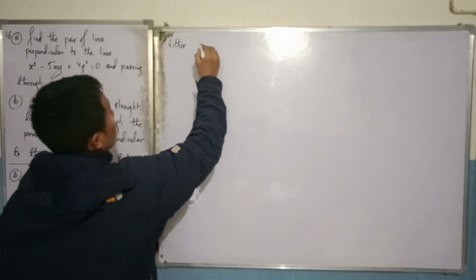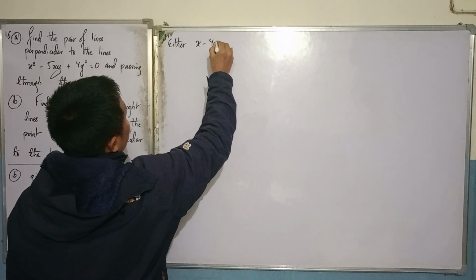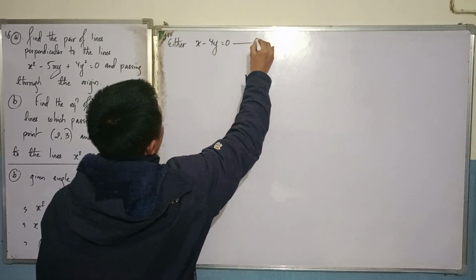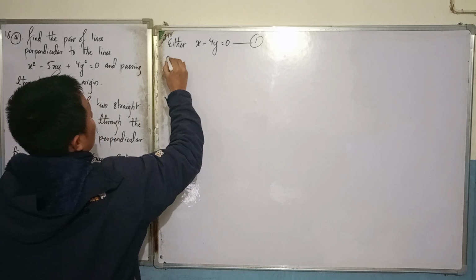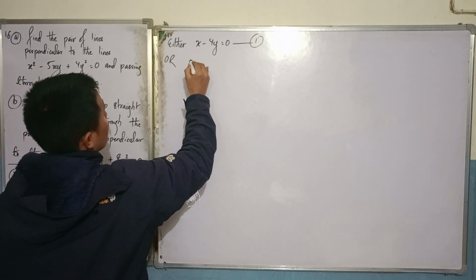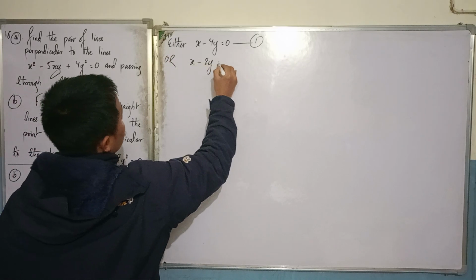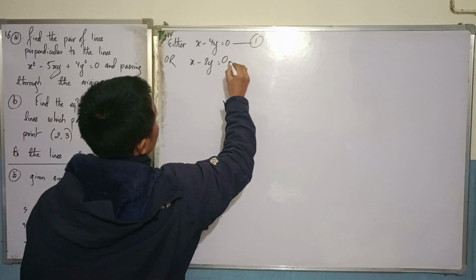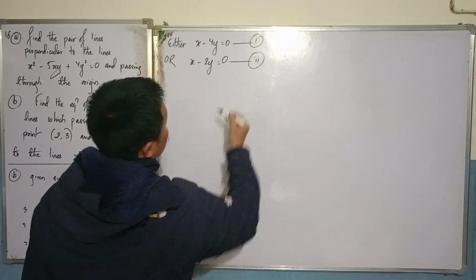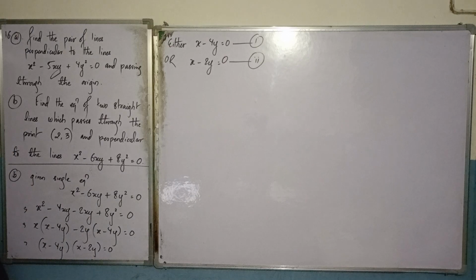Either x minus 4y is equal to 0, I, or another line x minus 2y is equal to 0, II.